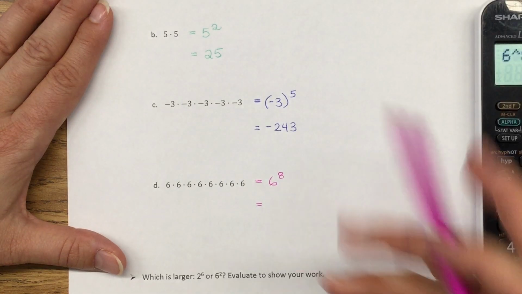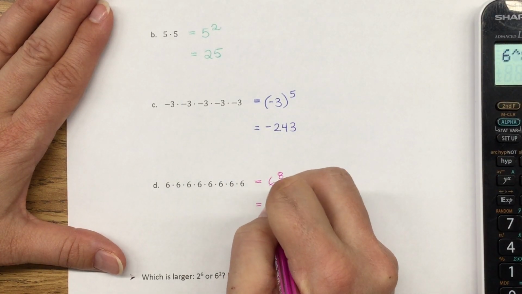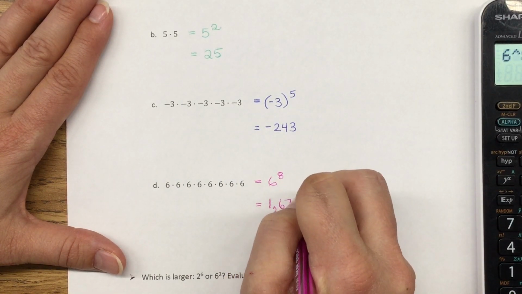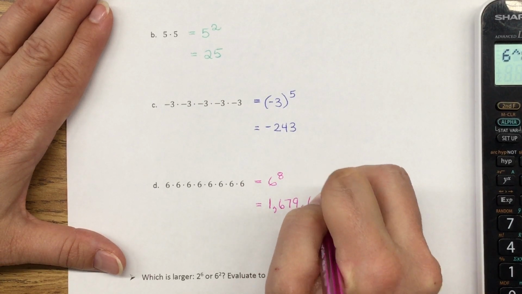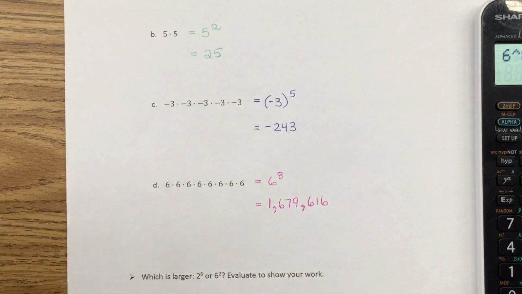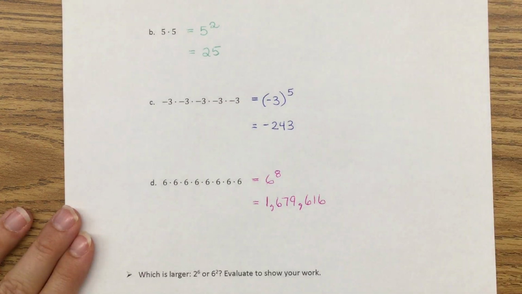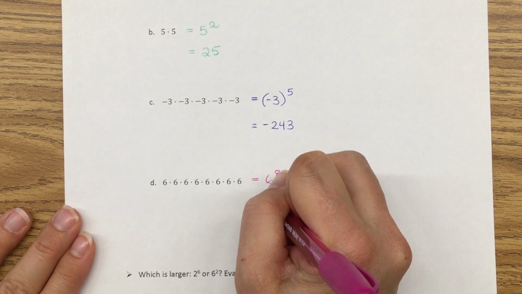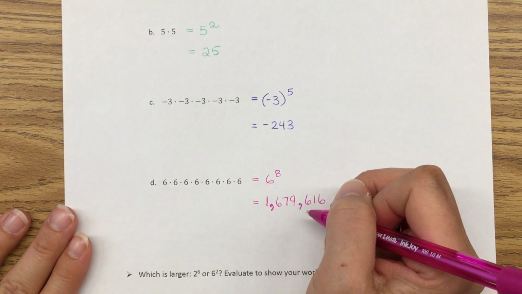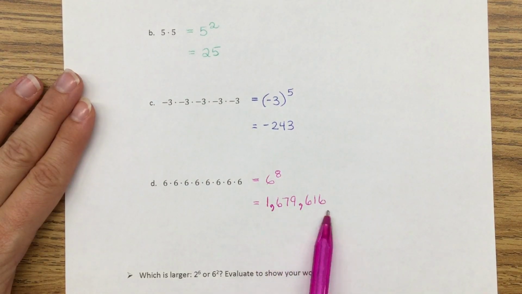Let's write those in ourselves. 1,679,616. So let's please get comfortable writing commas to show place values, so that we can easily tell what number we're working with.